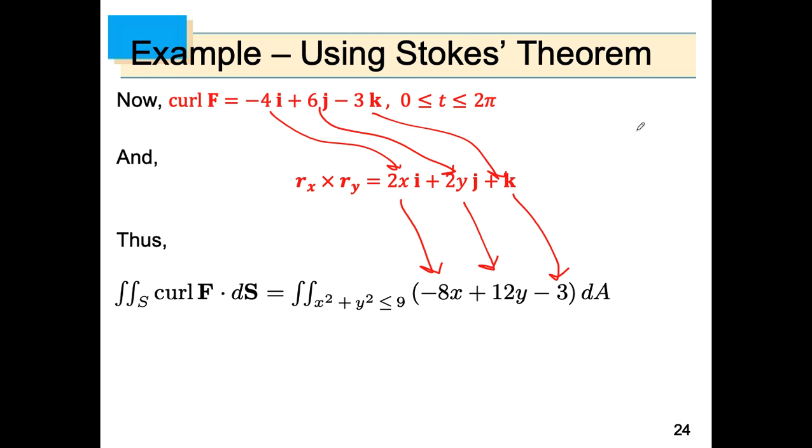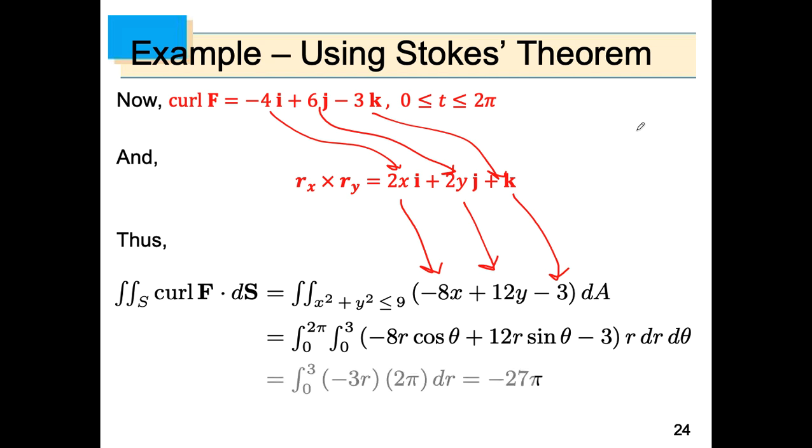Because they're dotted, there's no longer any vectors needed. I highly recommend using cylindrical coordinates here. Once you use cylindrical coordinates, you'll see that you also get negative 27 pi, which verifies that Stokes' theorem works and is true in this case.